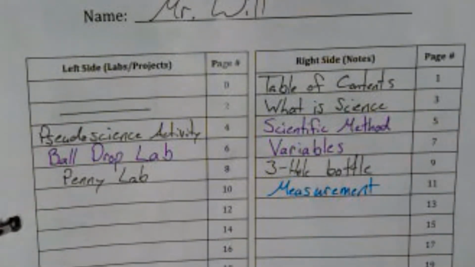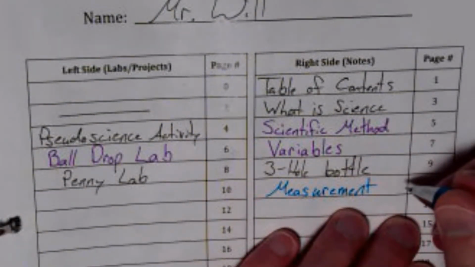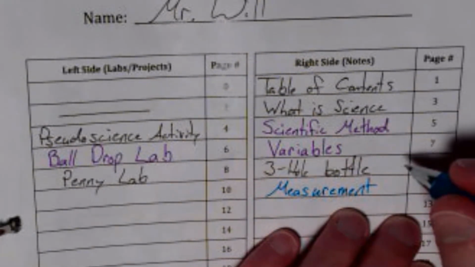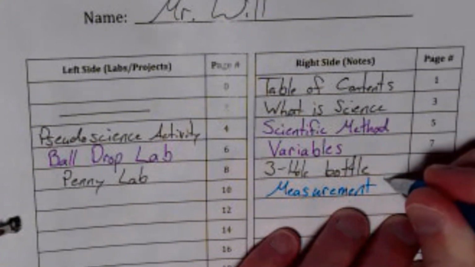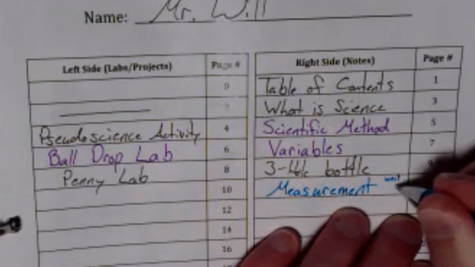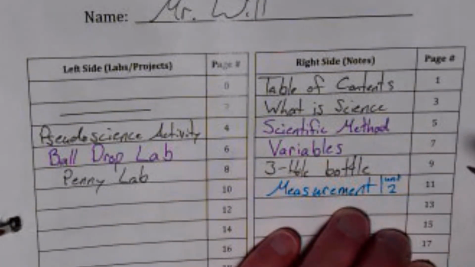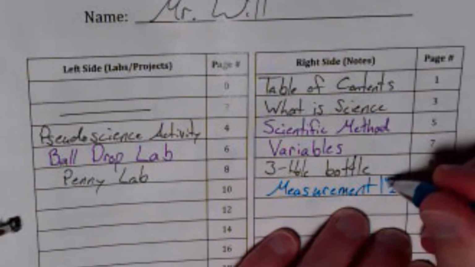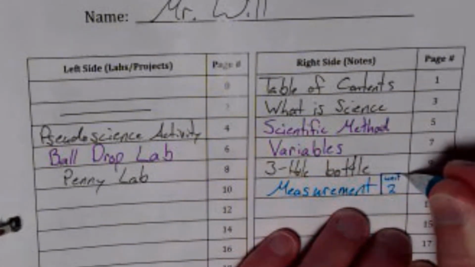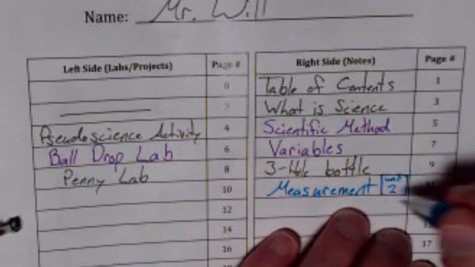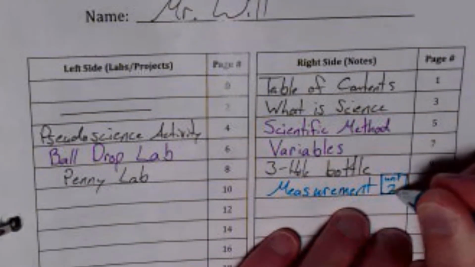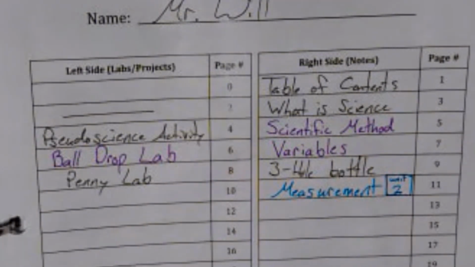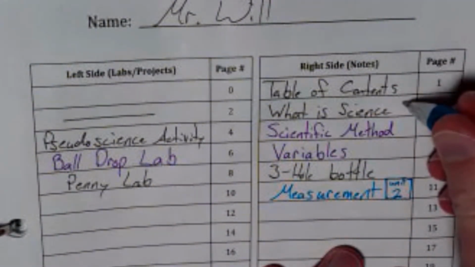And that's our start of unit 2. So we could put a unit 2 box so that we know where unit 2 starts. I could probably put a unit 1 up here as well.